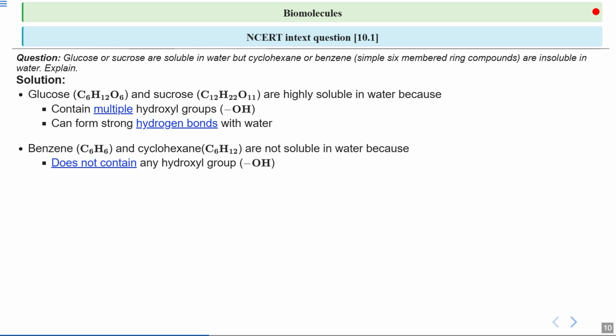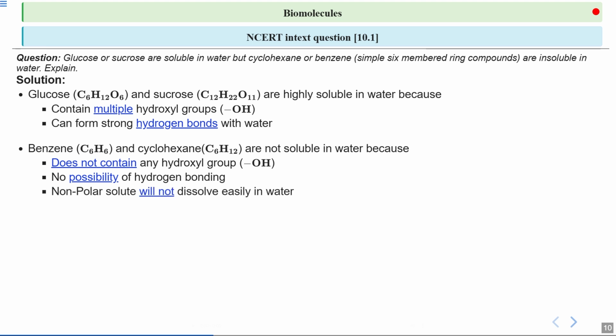Now, if they don't have any hydroxyl group, they can't interact with water the same way as glucose and sucrose were interacting, okay? So there is no possibility of hydrogen bonding in case of benzene and cyclohexane.